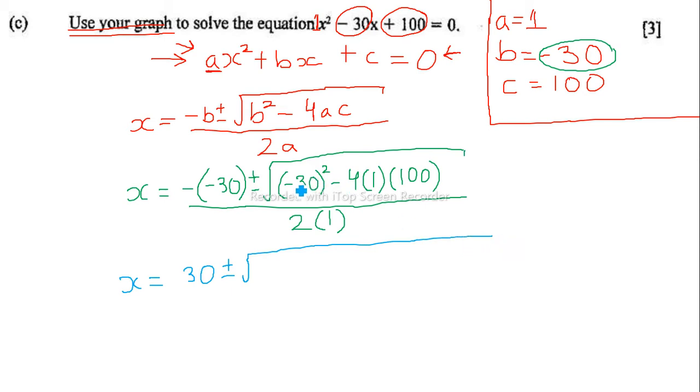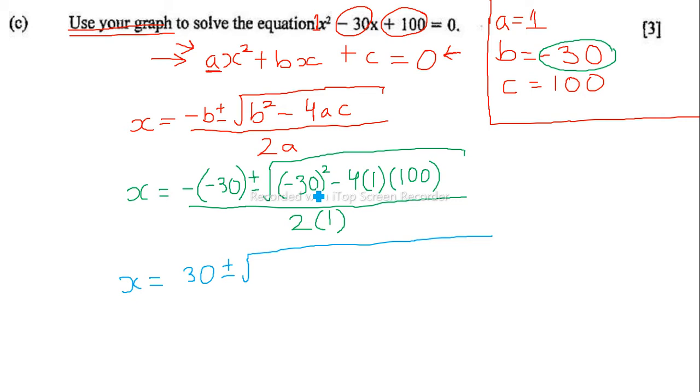what is negative 30 squared? So that's basically negative 30 times negative 30. What is that? It can't be negative 900.